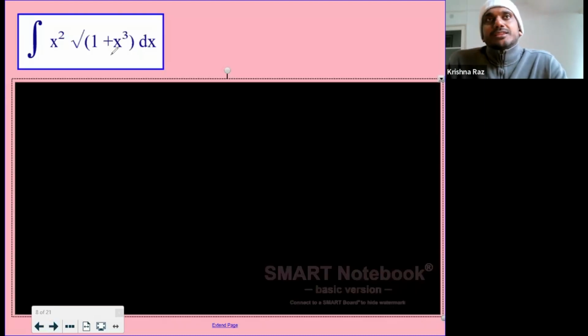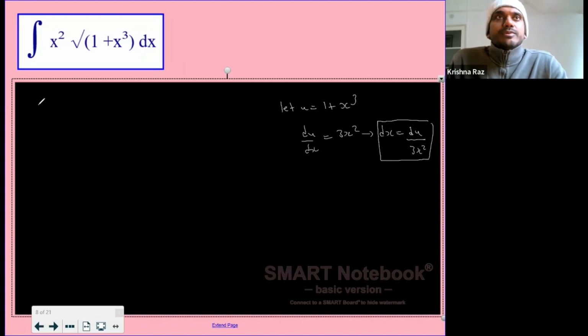So we can see the derivative of the bracket will give us something of the form x squared. So we will let u equal 1 plus x cubed, knowing that it will cancel out. So if we do this rearranging, we get dx is du over 3x squared, which we will use to simplify the function.